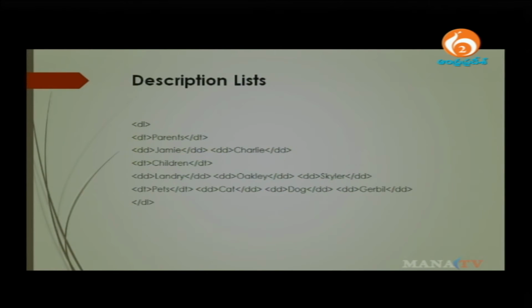Then pets: cat, dog and gerbil. For each DT tag there are many DD tags, that is, for each name there are many values.